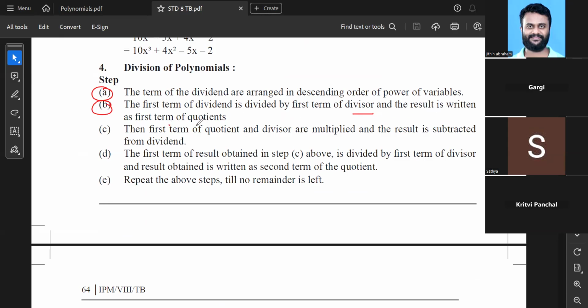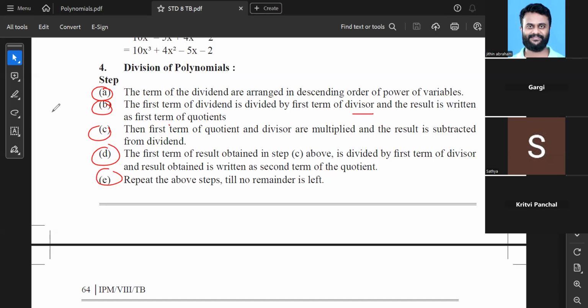The result is written as the first term of the quotient. Then the first term of the quotient and the divisor are multiplied. The result is subtracted from the dividend. I'll tell you step by step. Then the first term of the result obtained in that step is divided by the first term of the divisor, and the result obtained is written as the second term of the quotient. I'll tell you that.